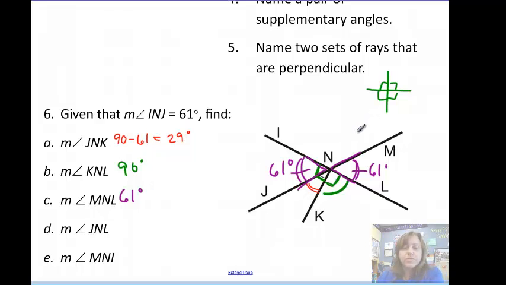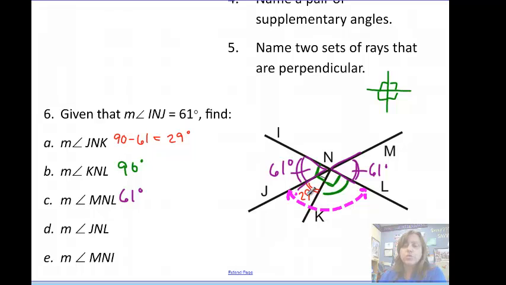On our next one, we've got angle JNL. Angle JNL is bigger. It's going to have to come all the way from this ray clear around to here. So angle JNL is made up of these two angles. Did we ever figure out what this angle was? We did, but we didn't put it in our picture. That was our answer to A. That was our 29 degrees.